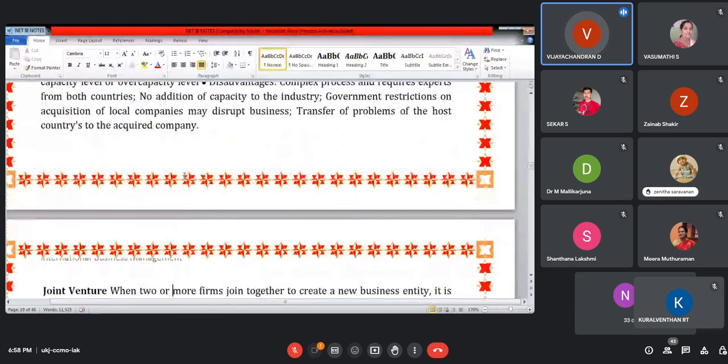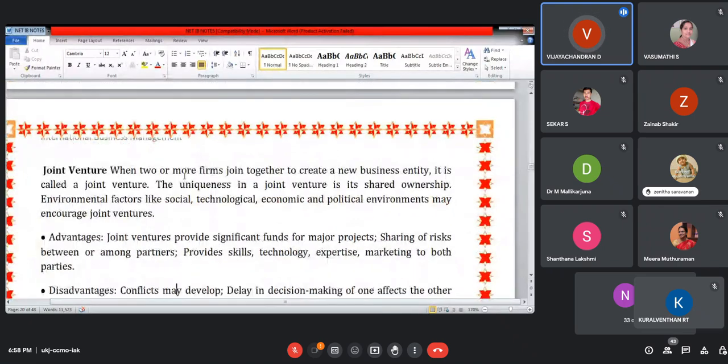Next one is joint venture. As you know, two or more firms join together to create a new business entity. For a specific purpose, they will do their business, and it is not like the case of a merger. I told you the liquidation is a must. The companies which are merging together, the liquidation is compulsory, and the incorporation of a new company is a must.